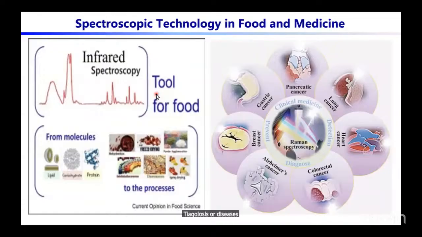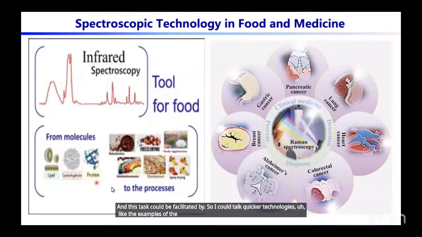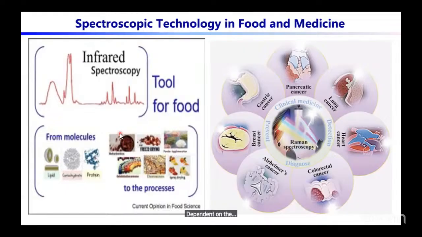These tasks could be facilitated by spectroscopic technologies, like the examples on the left-hand side. The quality of foods actually depends on the materials and microbes.